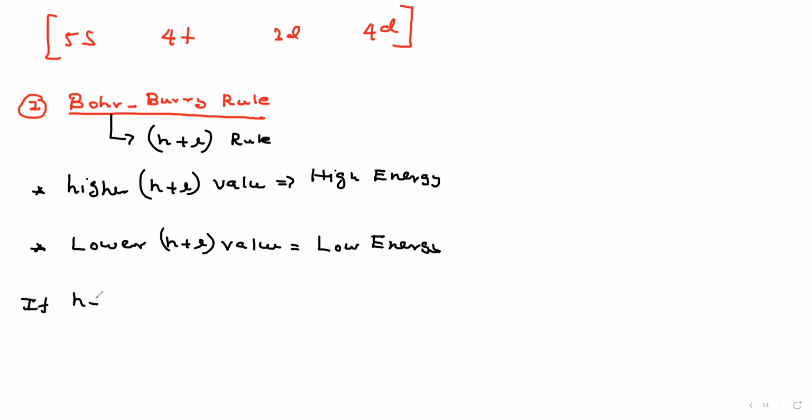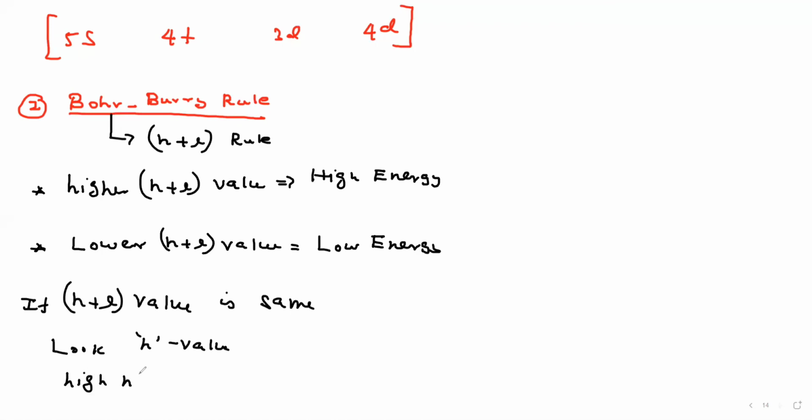If the n plus l value is the same, look at the n value: the higher the n value, the higher the energy, and the lower the n value, the lower the energy. This is a very important formula.